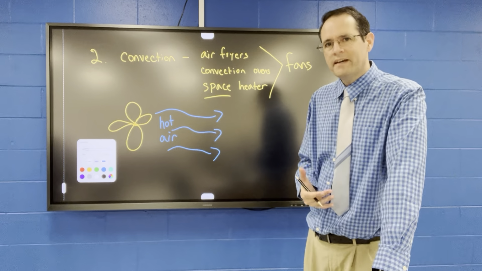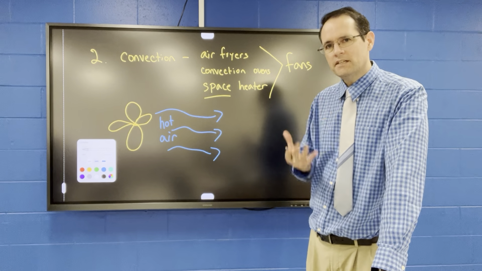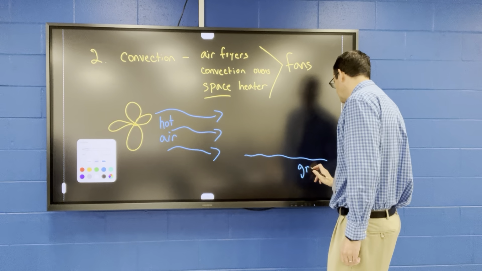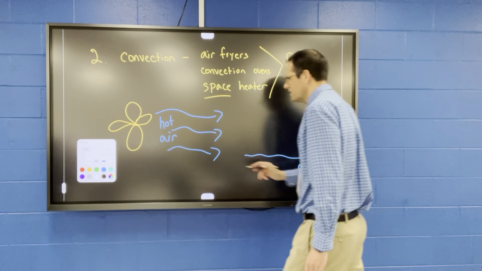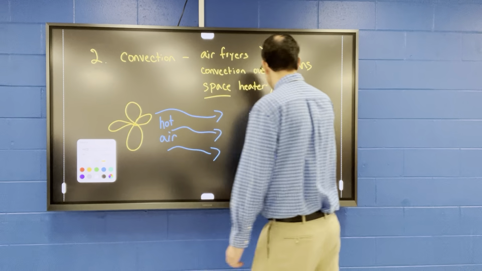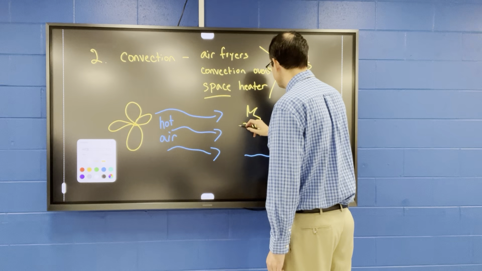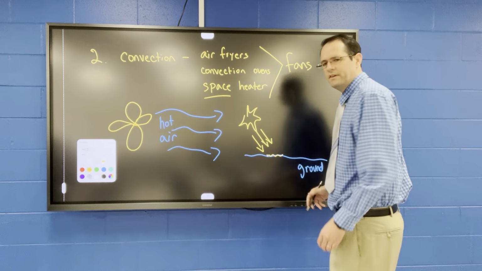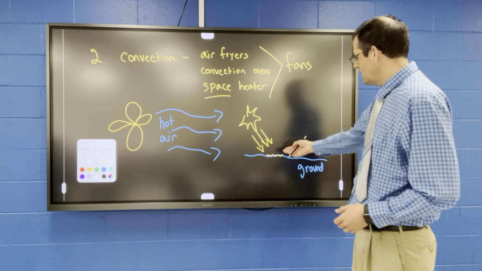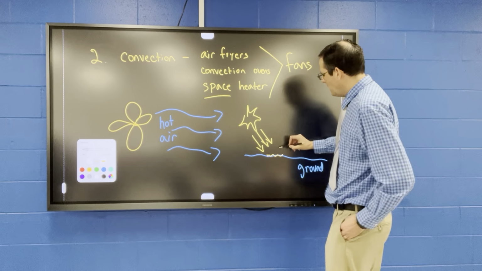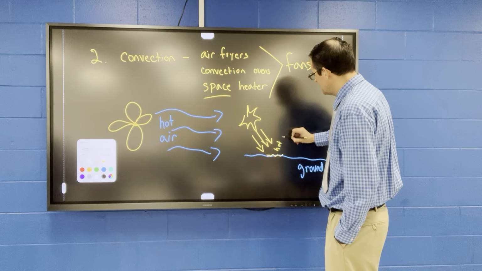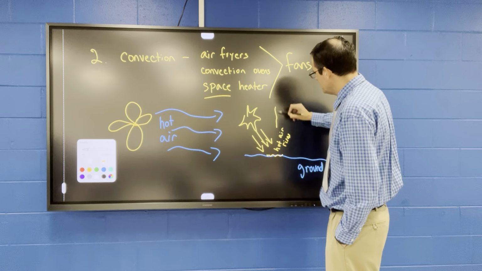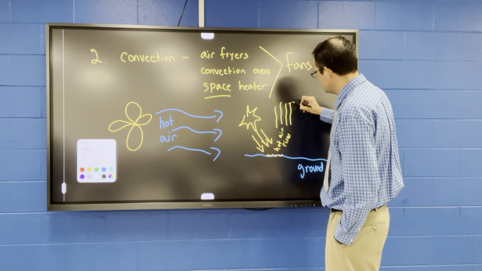Now, sometimes convection is a natural phenomenon. So if you have some ground and then you have the sun, right, warming up the surface of the ground, the hot air is going to rise because it expands, it has lower density.